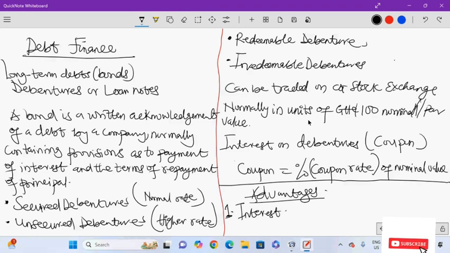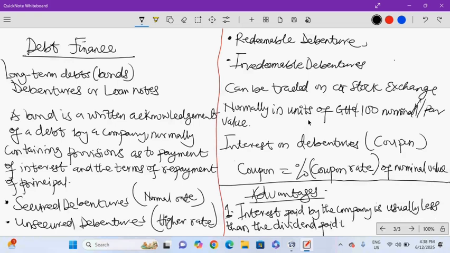So the interest paid by the company is usually what? Usually less than the dividend paid to shareholders.